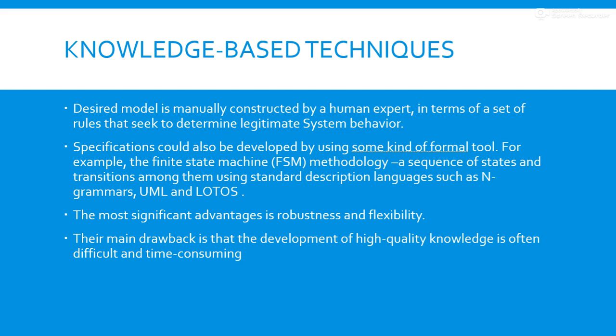The most significant advantage of this type of technique is its robustness and flexibility, but the main drawback is that the development of high-quality knowledge is often difficult and time consuming, and whatever rules you define will be for a particular type of system.